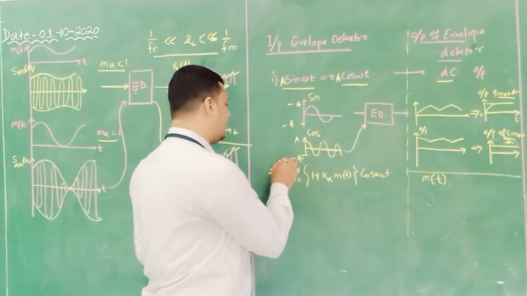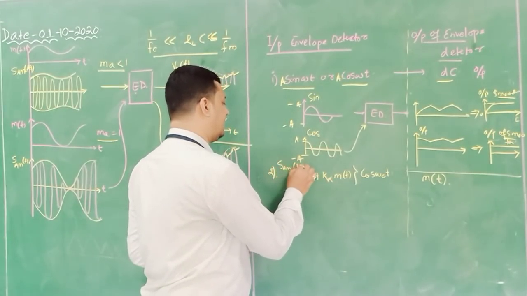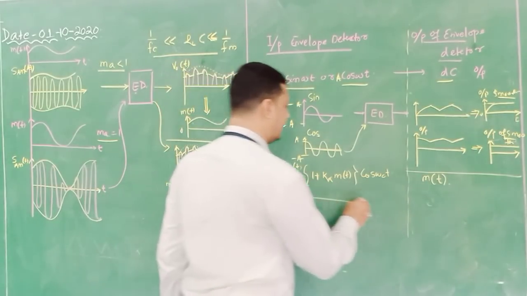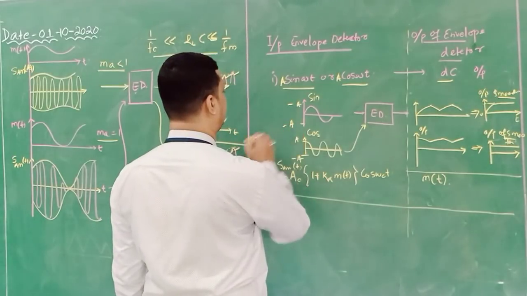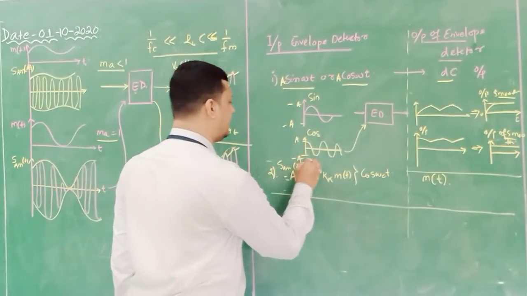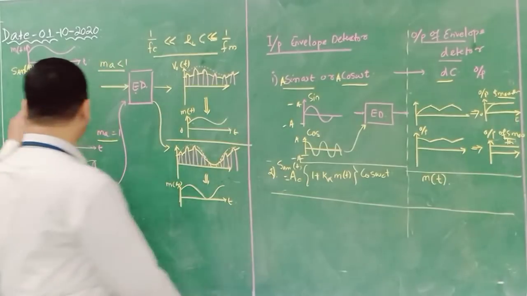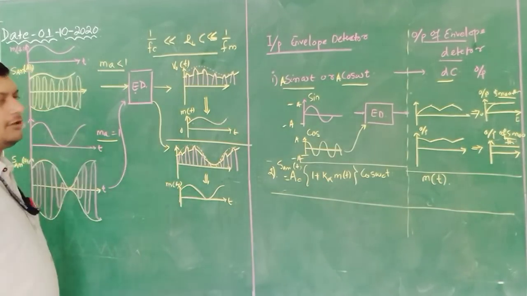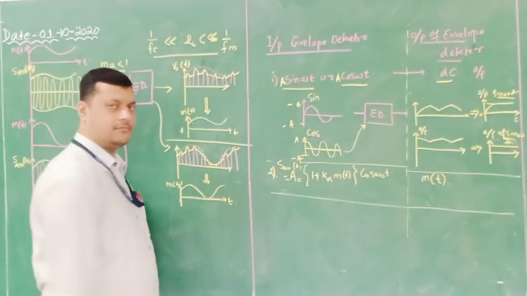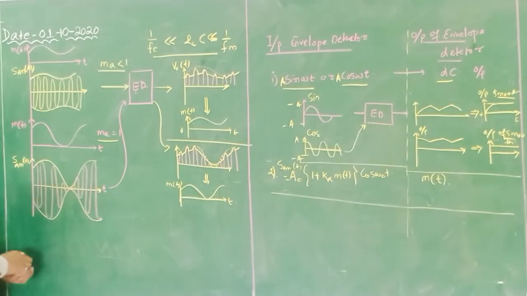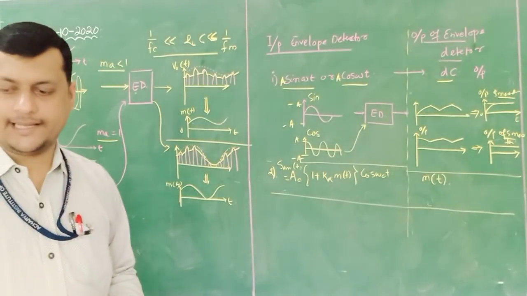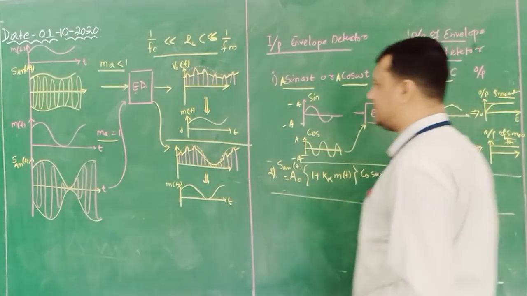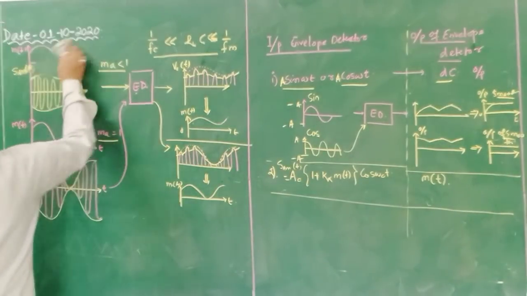Similarly, if you provide the AM signal, your output is the modulating signal. So this is your second condition. That means if I am providing the modulated signal, my output is the modulating signal. That I have written. Done. Now, the third case: if my modulation index is greater than 1, what happens? So I will erase this one.